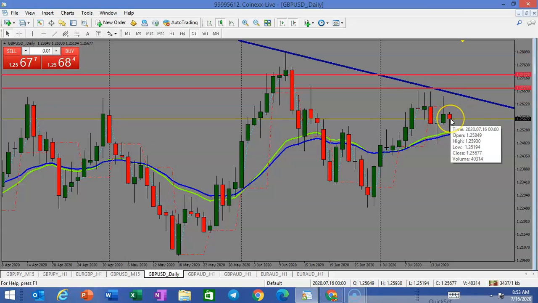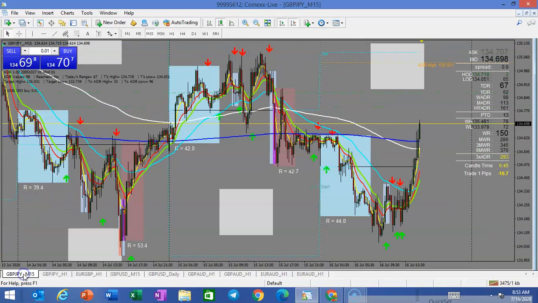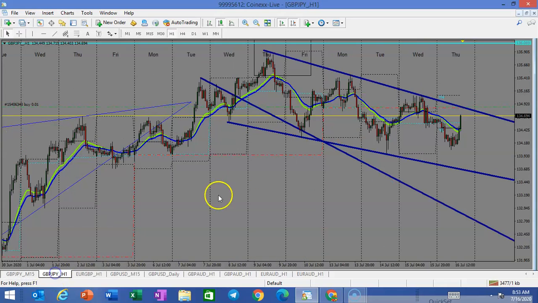So GU looks like it's going down, and if GU is going down, GJ's going down. So we may be looking at another trend change. The only thing that's giving me pause about GJ is GJ has not hit the weekly.